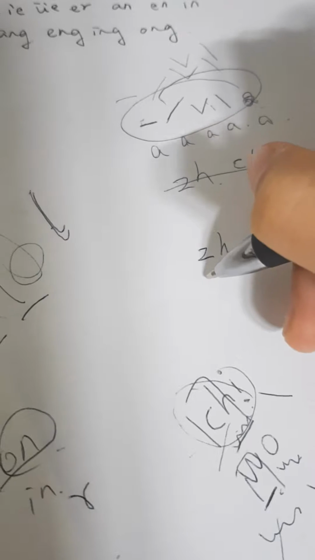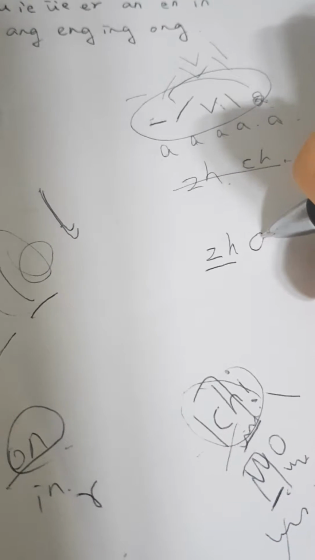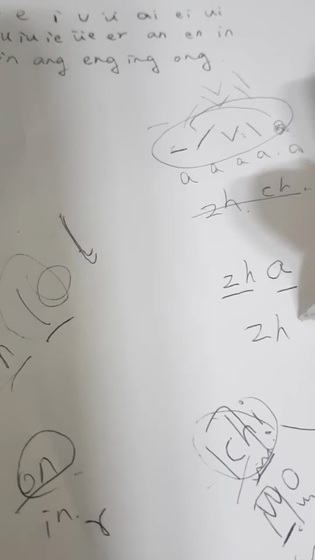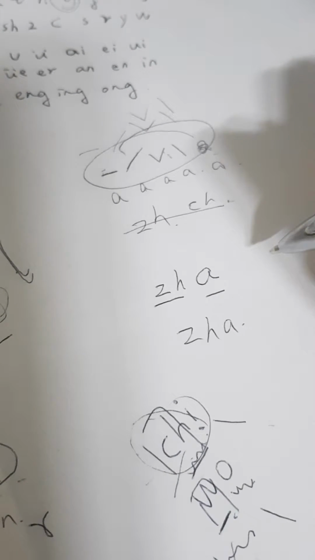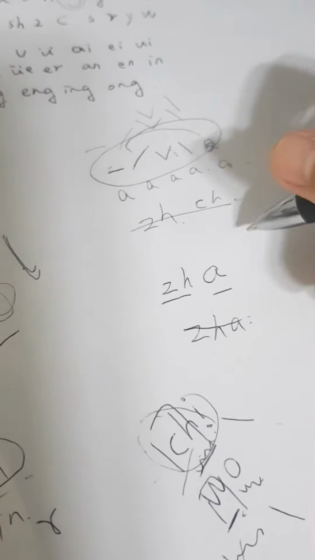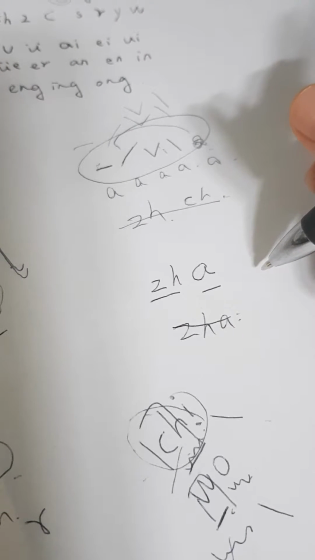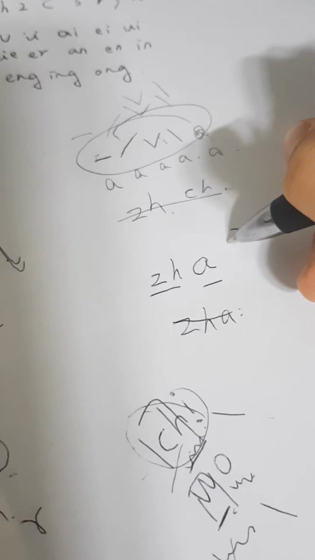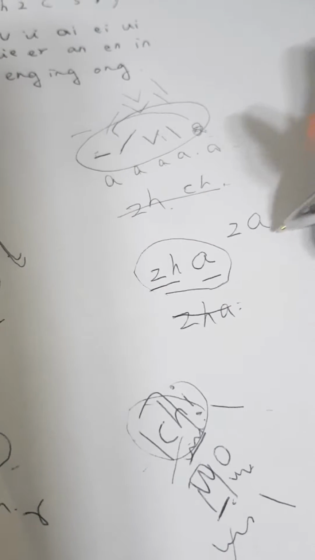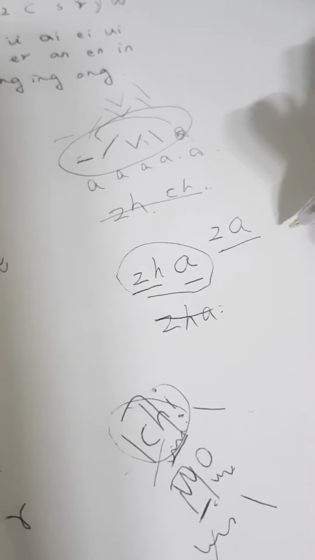For example, I made something like 知. We can make 知 and we can read 渣. Oh no, it's a little bit difficult. We call this 渣, but we call this 渣.